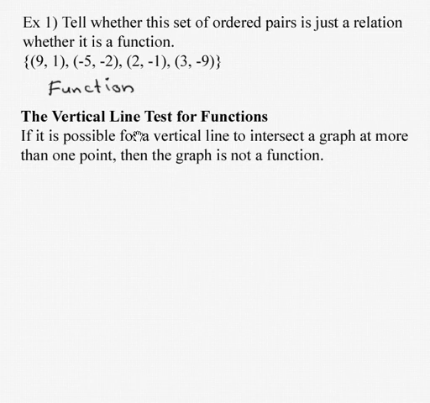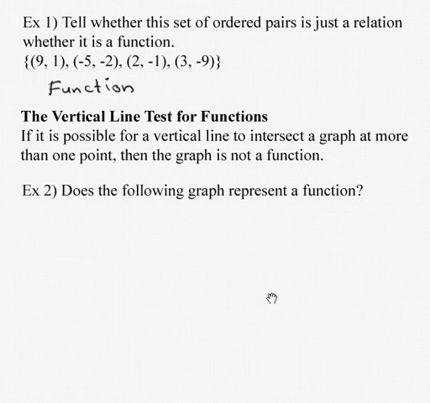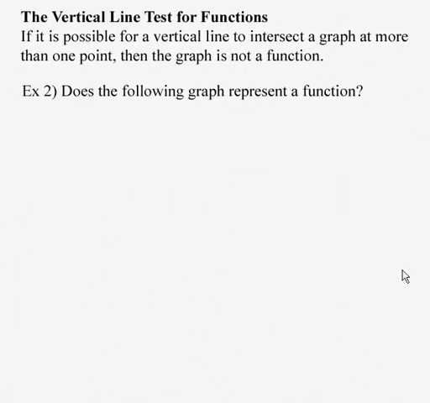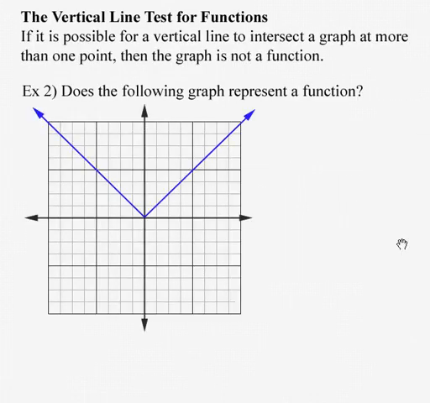And there's another way to test to see if a relation is a function, and that's when you have its graph. You can think of and visualize every possible conceivable vertical line intersecting that graph. If that vertical line intersects the graph at one point, it's a function. If it's more than one point, it's not a function. So let's look at the next particular graph and see what we think.